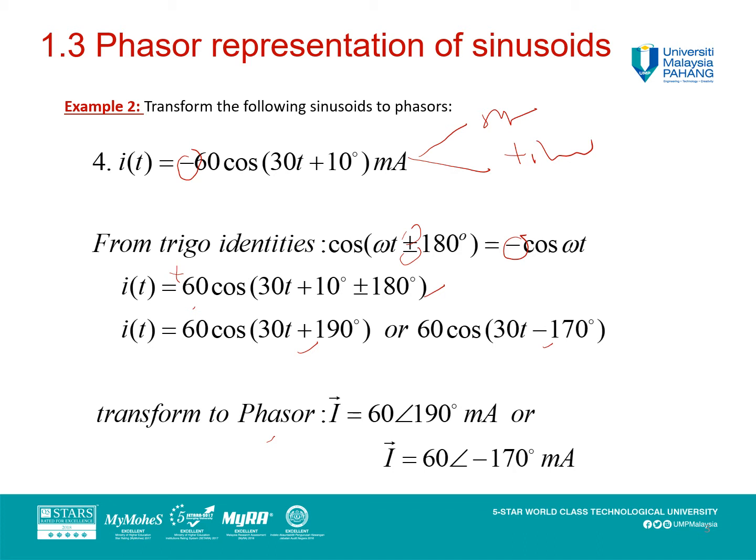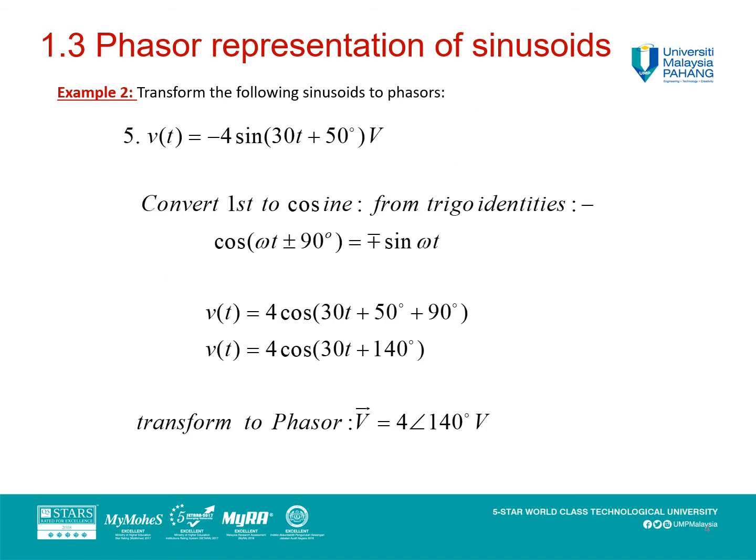One thing I want to stress here: in time domain you have the equation i(t), but when you convert to phasor, there is no t, only the vector that contains the magnitude and the angle.